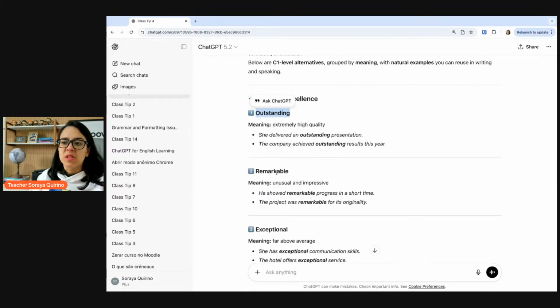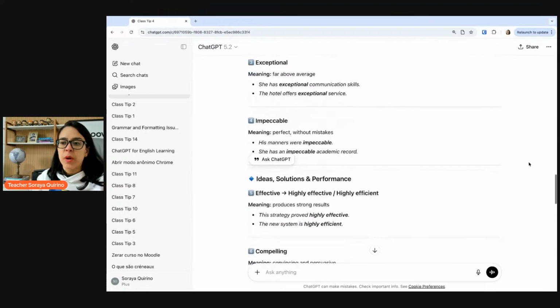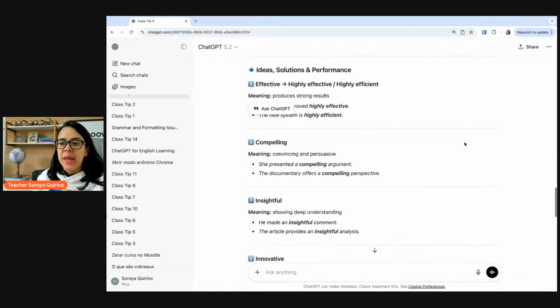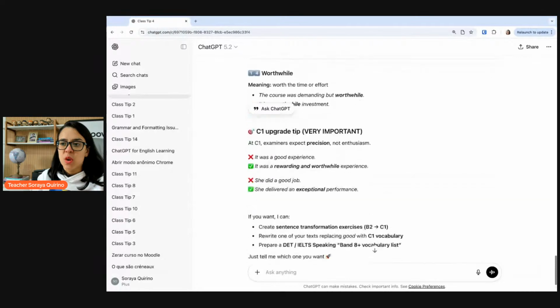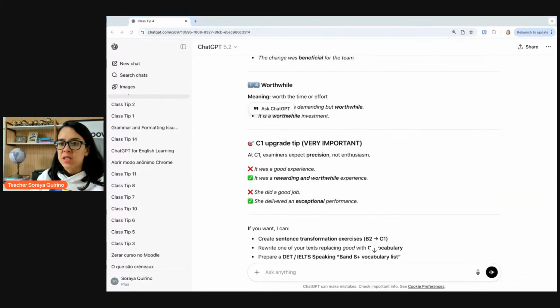So it came up with outstanding, remarkable, exceptional, impeccable, many nice words that are going to help you increase your score. So after that, you can even ask ChatGPT to create an exercise for you using the words that it taught you here. So you see, it is a paid resource, but believe me, it has great value if you know how to use it.